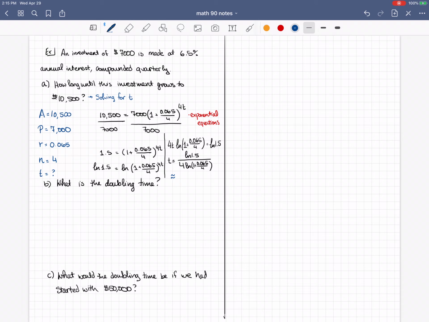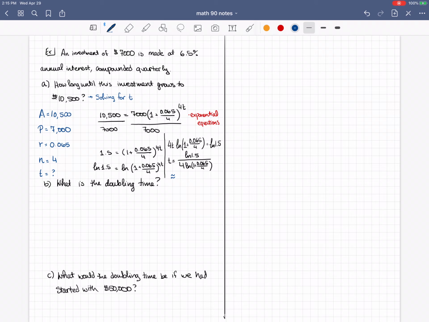Okay, so here we go. I'm going to punch this into my calculator. So we have 1 plus 0.065 over 4. We're taking the log of that, multiplying it by 4, and then we're dividing the natural log of 1.5 by that.